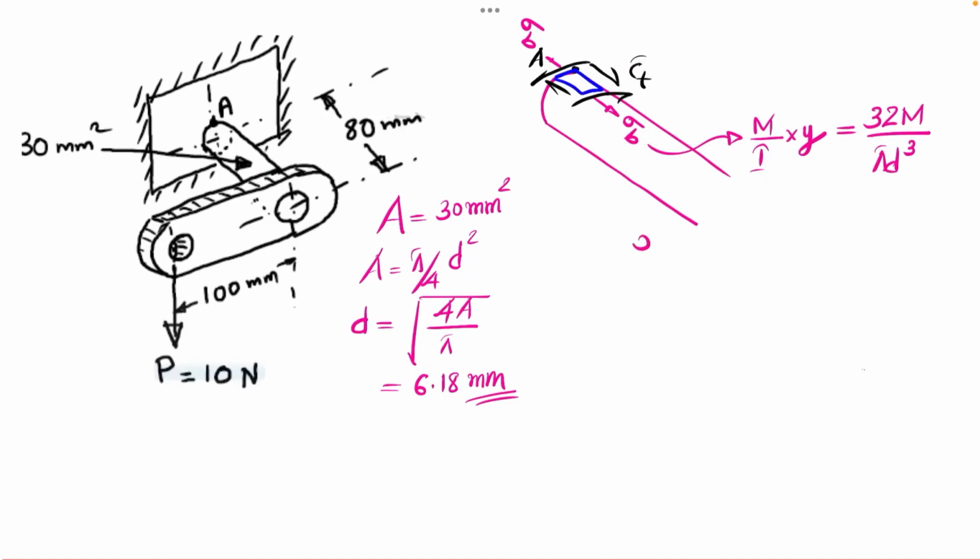So with this I can find the value of the sigma b, which is 32 into bending moment, 1 Newton meter, divided by pi into diameter 6.18 mm or 0.00618 meter whole cube, and this value I can evaluate. Again I will be using the calculator.